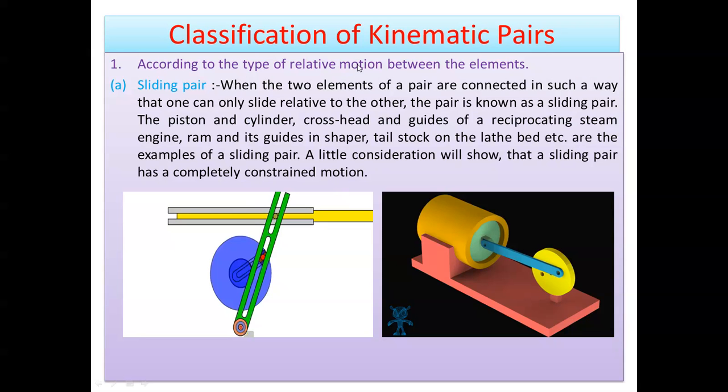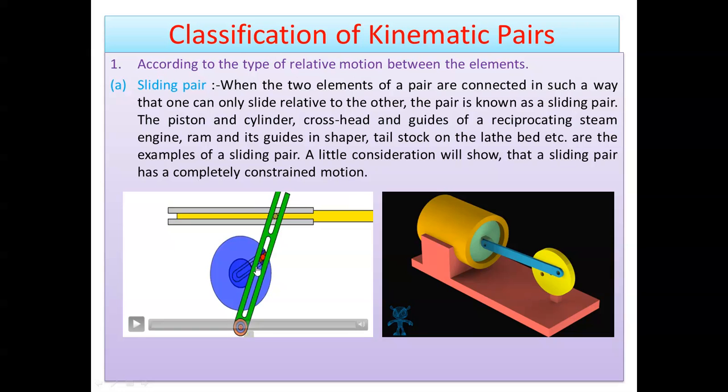The second one is according to the type of contact. And the third one is according to the type of closure. So one by one we will see. The first one is according to the type of relative motion. Regarding this relative motion, again we have different classifications for kinematic pairs.